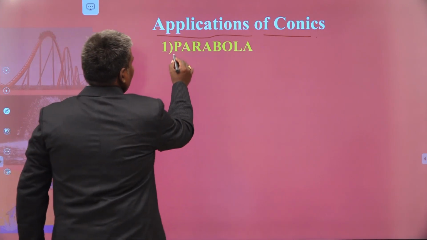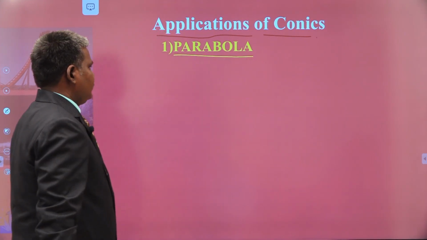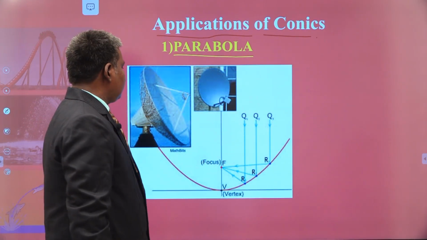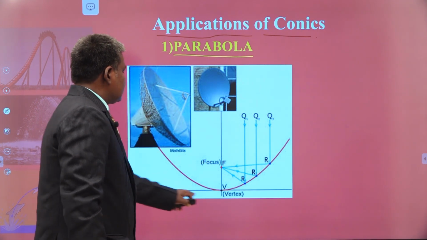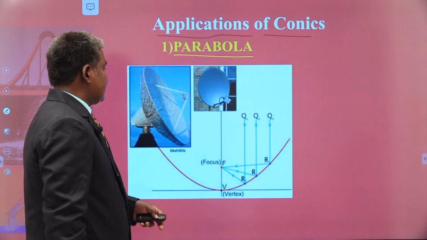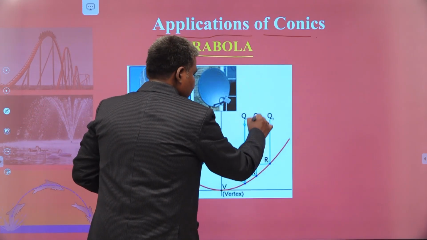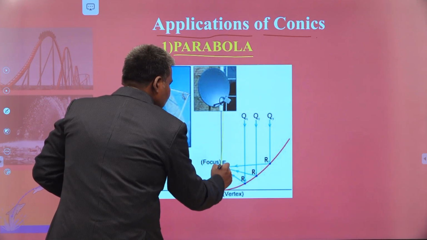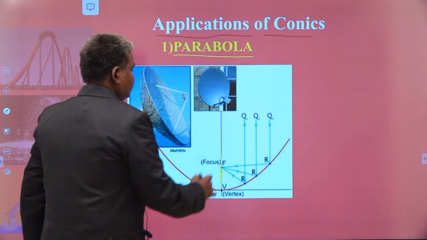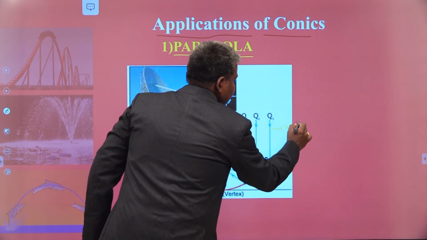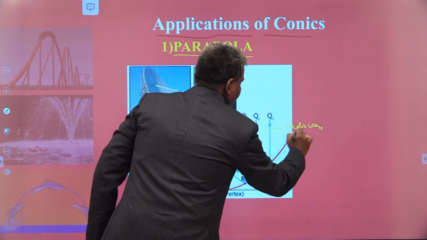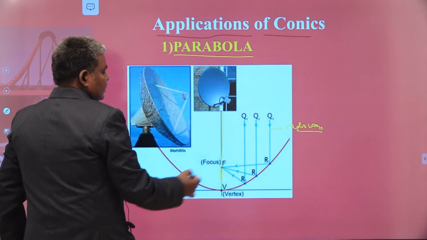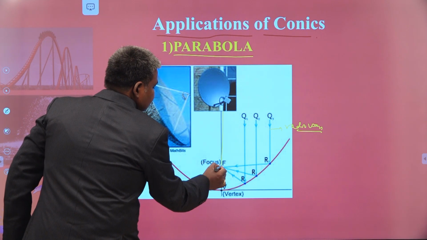First one is the parabola. What is its application? This is the most important application for you. This is a dish antenna. These are the radio waves coming from the source, which are parallel to this line. The radio waves passing parallel to this line intersect the parabolic shape, the waves will be reflected and meet at this point.